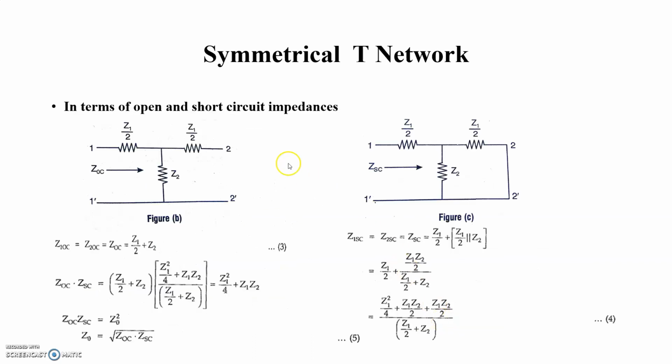Next, in terms of open and short circuited impedances. This is the open circuit, so write the equation for the open circuit: these two resistors are in series, Z1 by 2 plus Z2. For the short circuit, these two resistors are in series and parallel with this one.